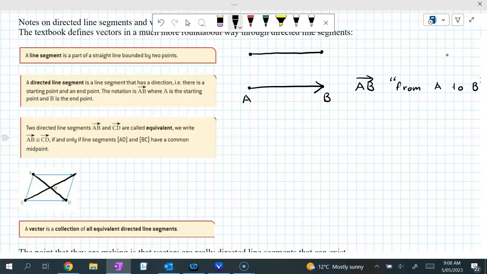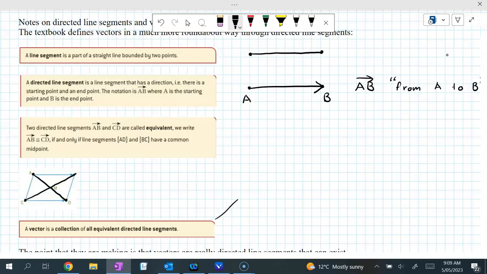Now, as a result of that, we're just relying on the idea of the diagonals of a parallelogram meeting at a common point, having a common midpoint. So that's what's going on there. And then they say a vector is a collection of all equivalent directed line segments.